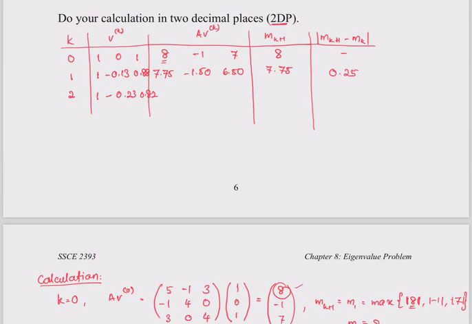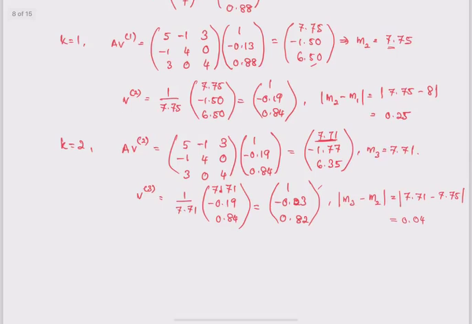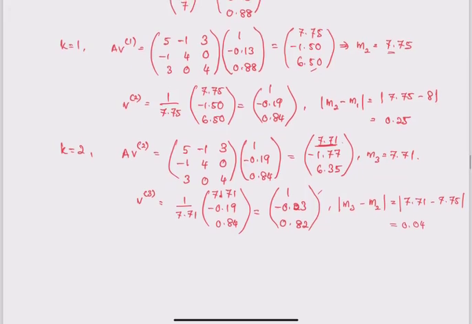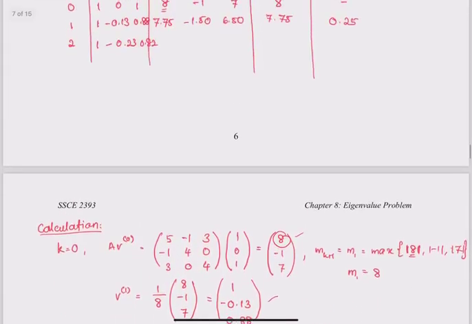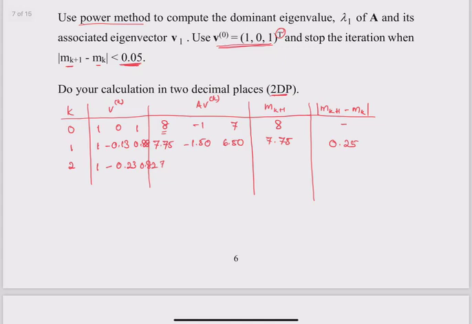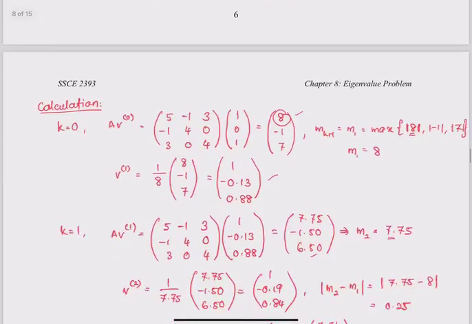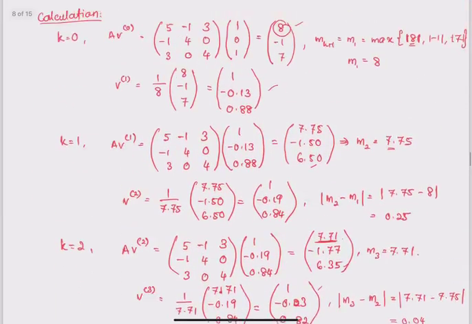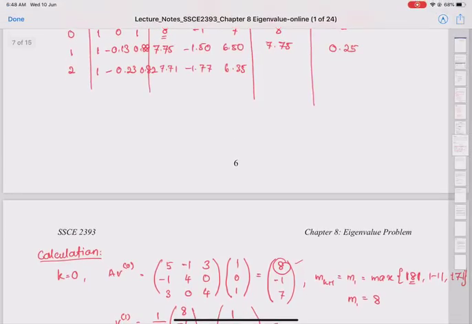AVK, we have this one, 7.71, negative 1.77, 6.35, I think. Yes. And then our M3 is 7.71 and the difference is 0.04. Now we can stop.